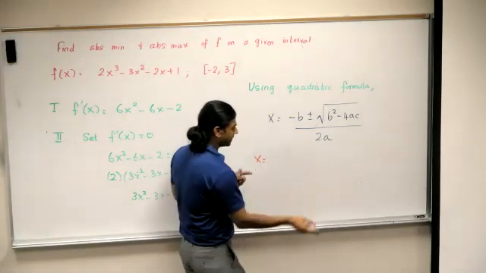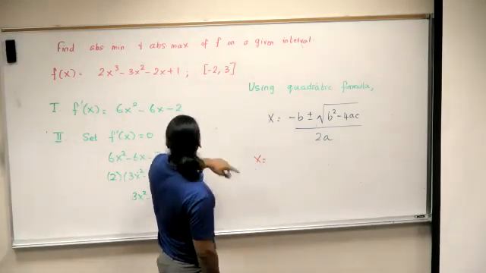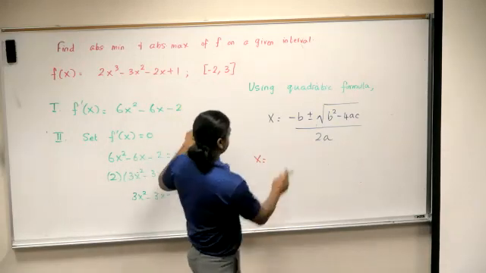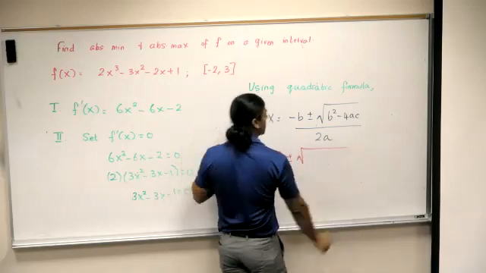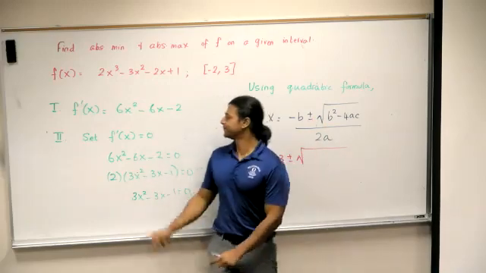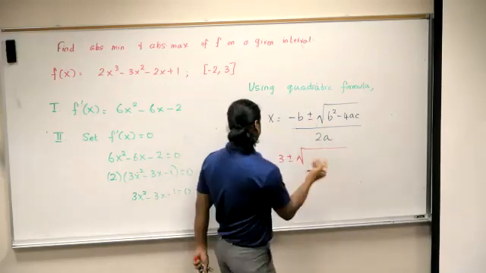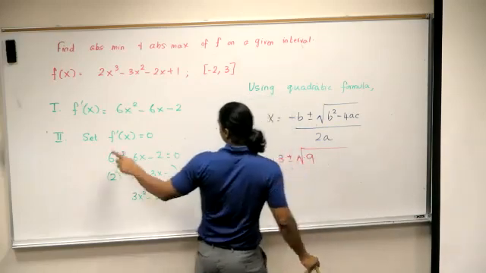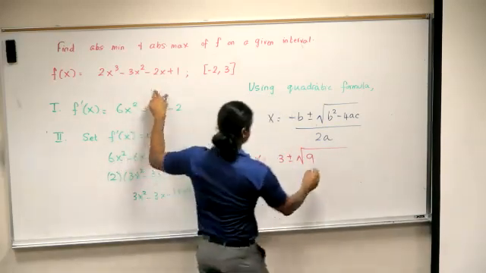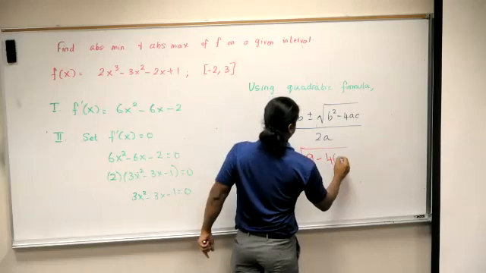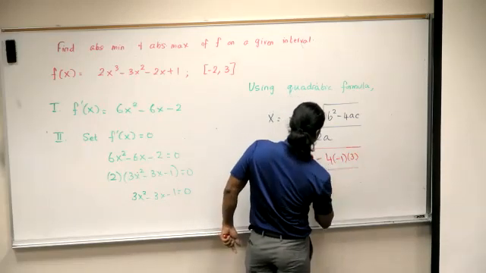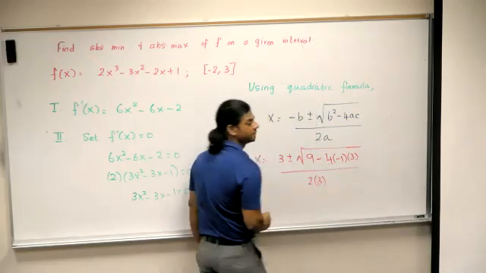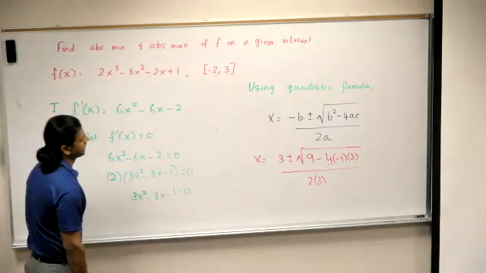The solutions would be minus b, which is minus negative 3, plus or minus the square root of b squared, negative 3 squared, which is 9, minus 4 times 1 times negative 1 times 3, divided by 2a, so 2 times 3 is 6.